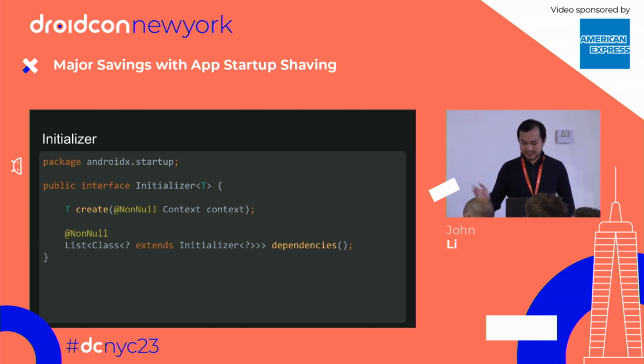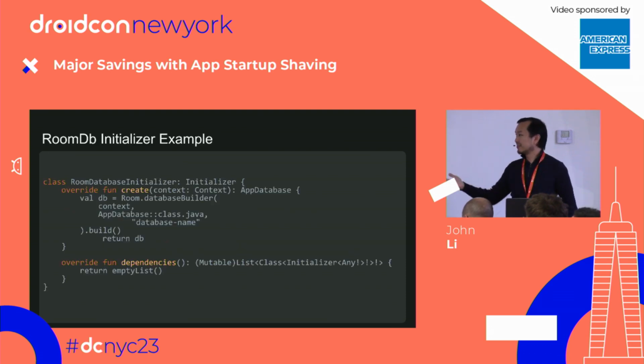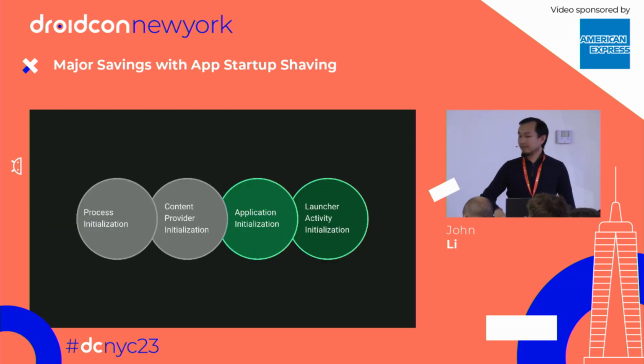So when we look at an example of this, I can initialize a Room database using this interface. It'll look like this. Very standard Room database initialization code. And for dependencies, well, normally databases don't have dependencies, so we return an empty list. And all the patterns I introduced in this talk can only be applied after application onCreate. And potentially in the activity, right?